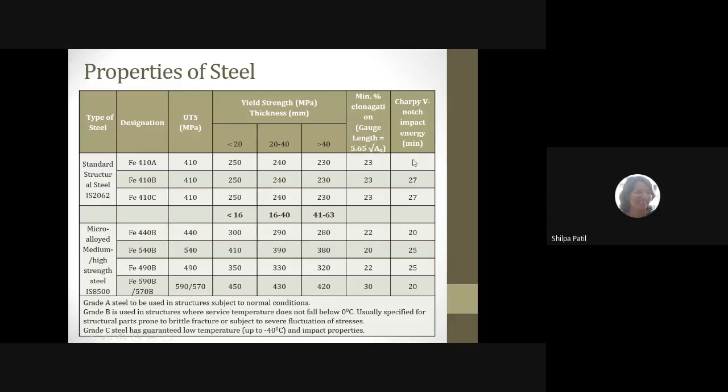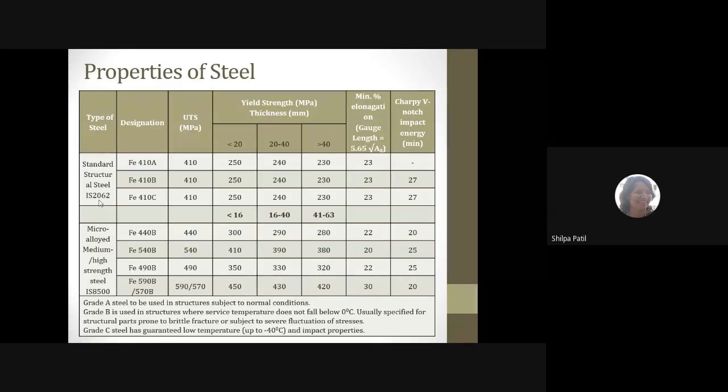Okay, this is the minimum value. So these are the values we will require, mostly these two values in the calculation. Is it clear now? All this information you will find in IS 2062, and the same table you can find in IS 800 also, but I will show you after a little while, because I have to show the other properties also.